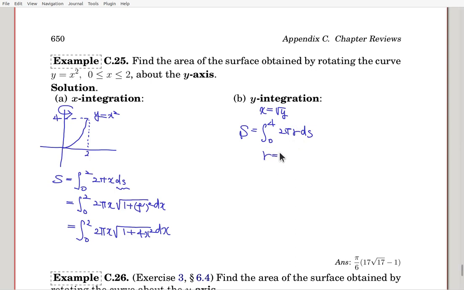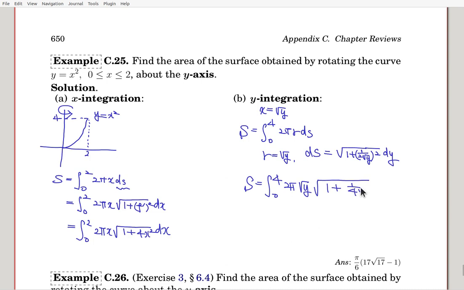And ds must be expressed as a function of y, so we use the x derivative with respect to y: the square root of 1 plus the square of 1 over 2 square root of y, dy. So the surface area is the integral from 0 to 4 of 2 pi square root of y times the square root of 1 plus 1 over 4y, dy.